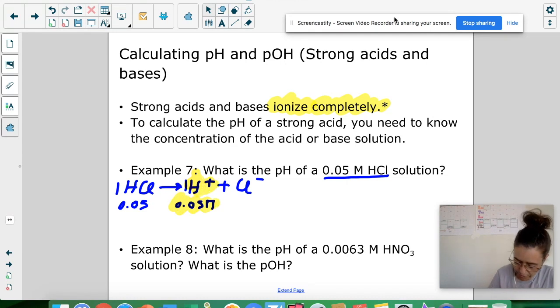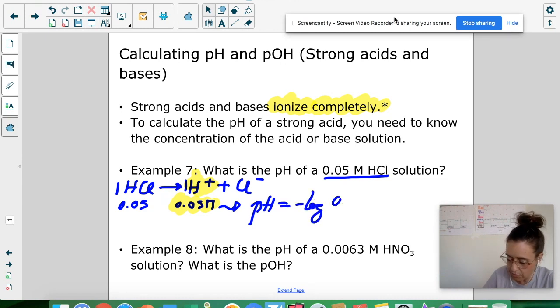So knowing that, I can find the pH because I know that that's going to be the negative log of the concentration of the protons. And that's going to be the negative log of 0.05. And the answer to this is 1.3. Okay, so that means that the solution of hydrochloric acid that is 0.05 molar is very acidic. Okay, it's very acidic because it has a very, very, very low pH.